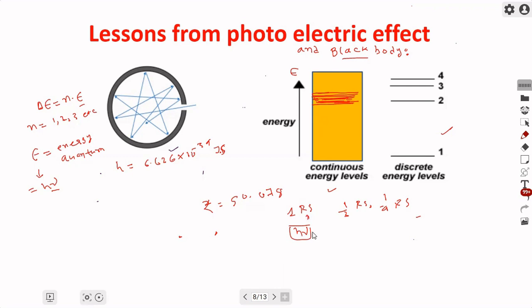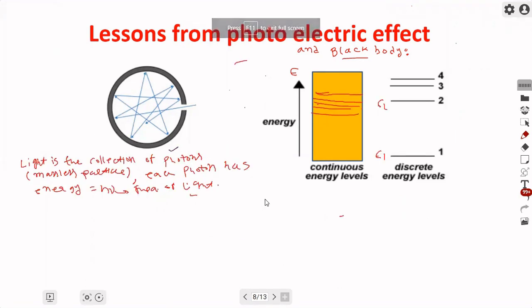The smallest possible value by which energy can be transferred is hν, the smallest amount of energy that can be transferred.